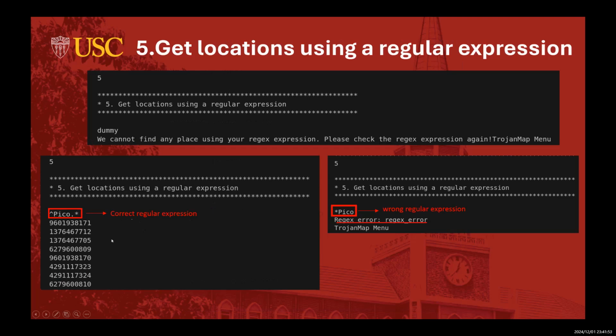However, if we input a wrong regular expression, the program will output a regular expression error. And then if we input dummy, the program will also remind the user that there is no existing location that fits this expression.